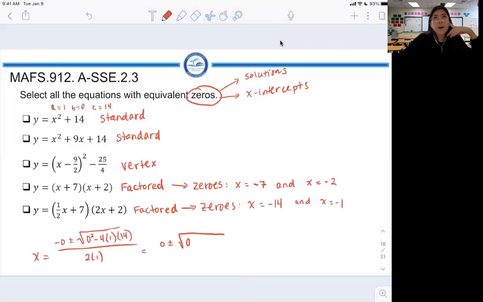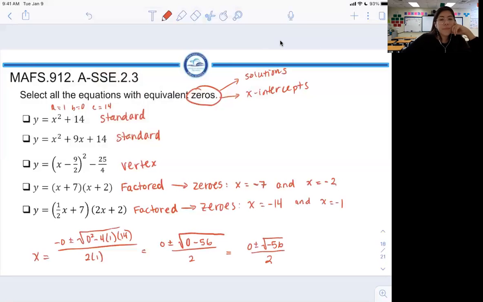Negative 4 times positive 14 is negative 56. So this is 0 plus or minus the square root of negative 56 over 2.